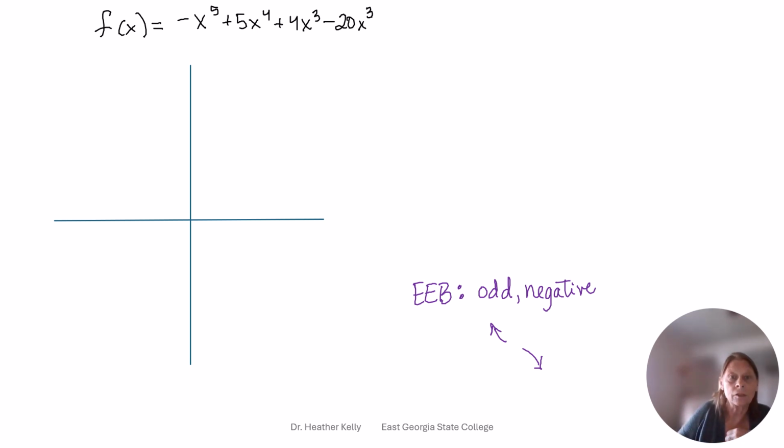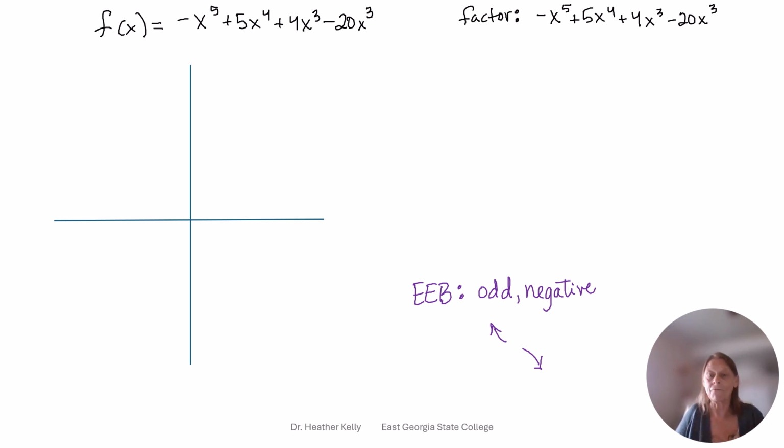Okay, so let's factor this out. Now, first things first, I'm just going to write it again, a little bit neater this time if possible. And first thing we want to do is factor out whatever's common. And if your leading coefficient is negative, you need to factor that out too. So I'm going to factor out, sorry, I just noticed my mistake.